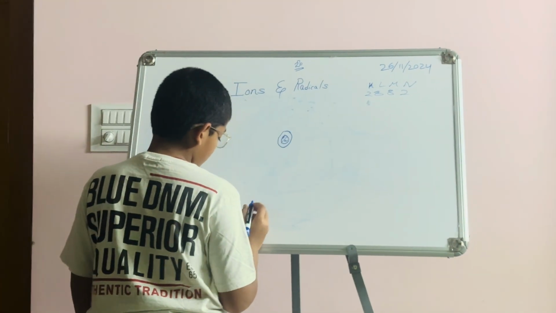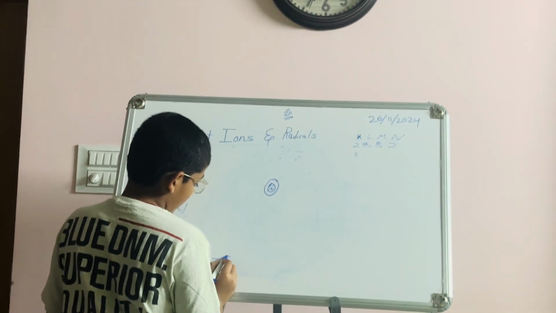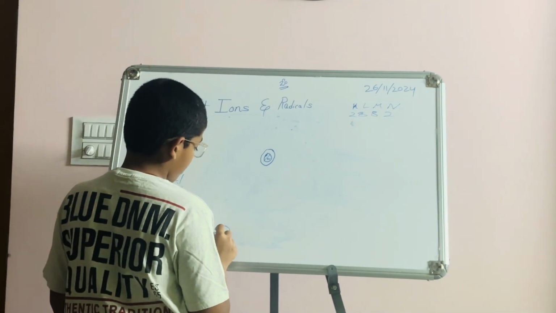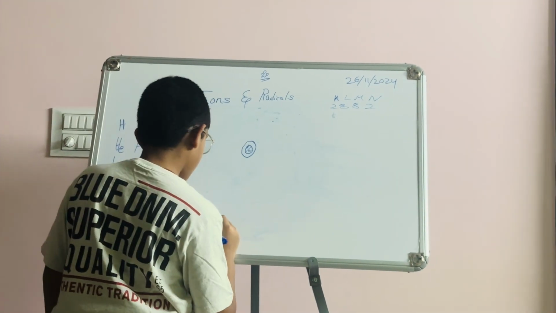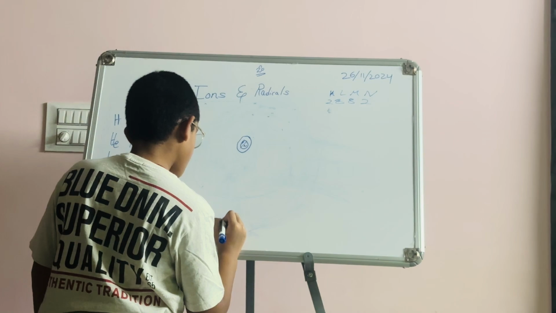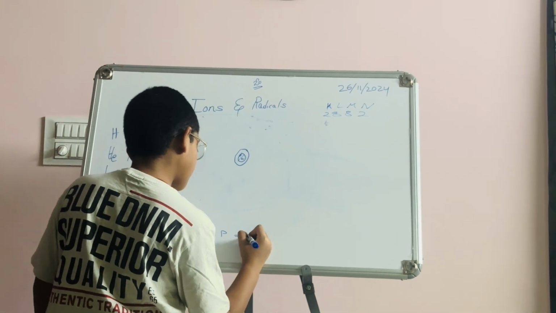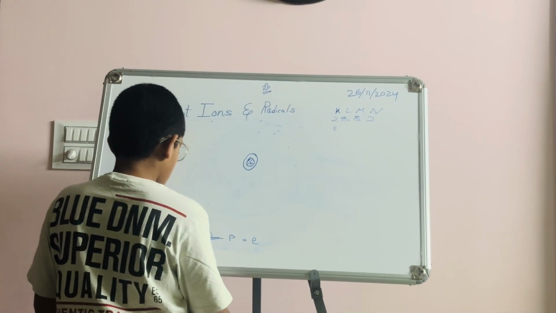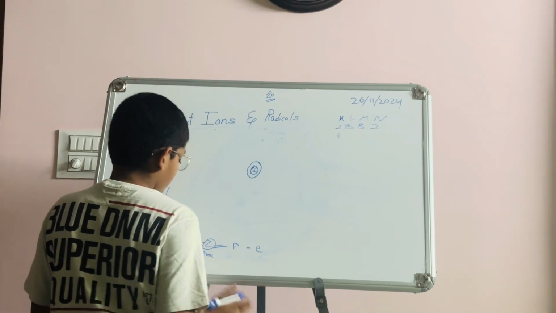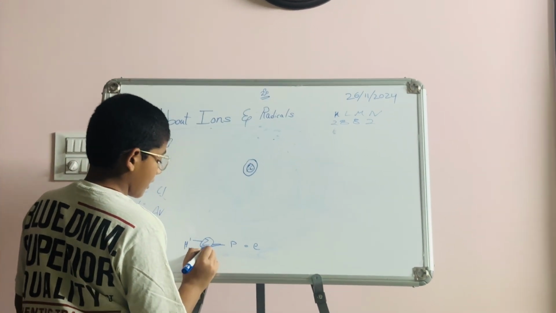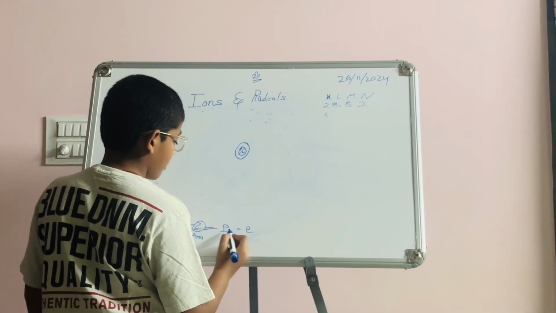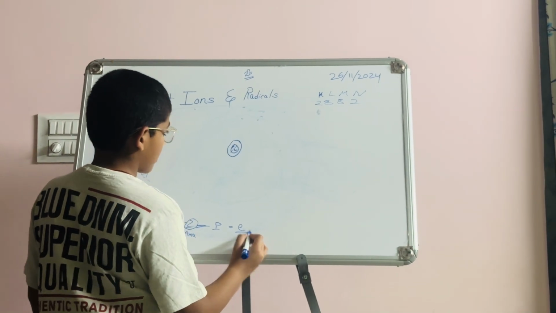We have to know that the atomic number is equal to the number of protons, which is equal to the number of electrons. Repeat after me: the atomic number is equal to the number of protons, which is equal to the number of electrons.